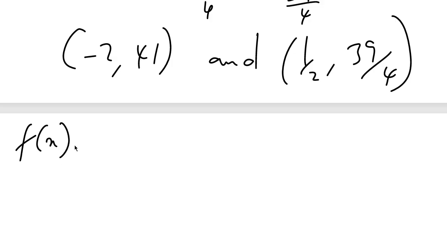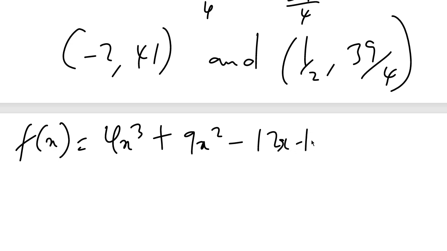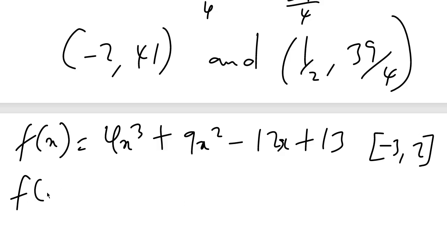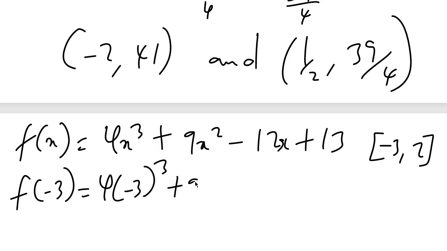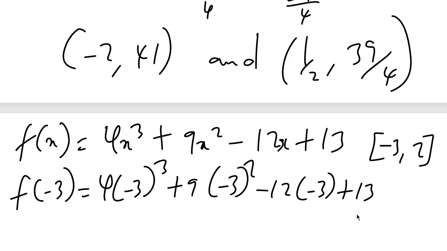So remember that the original function is what, 4x cubed plus 9x squared minus 12x plus 13. So at f, what's the interval given? -3 to 2. So at f of -3, you have 4 into -3 to the power 3 plus 9 into -3 all squared minus 12 into -3 plus 13.